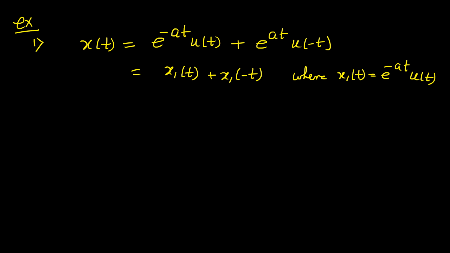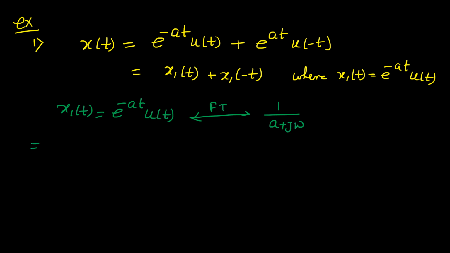And already we know the Fourier transform of x1 of t, which is e to the power minus at u of t, and its Fourier transform we have got 1 upon a plus j omega.